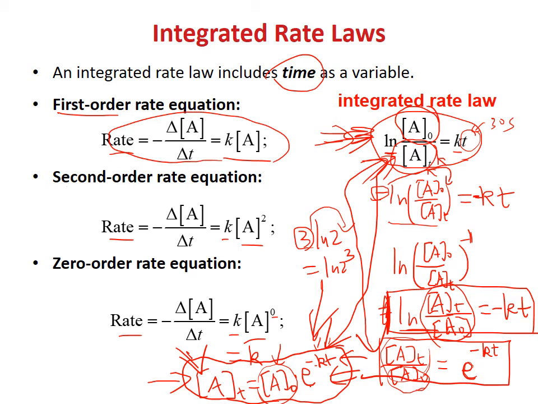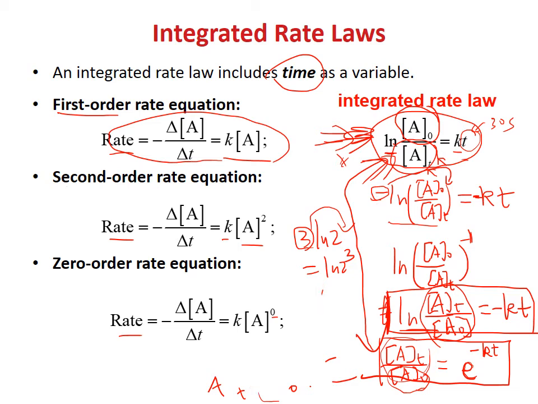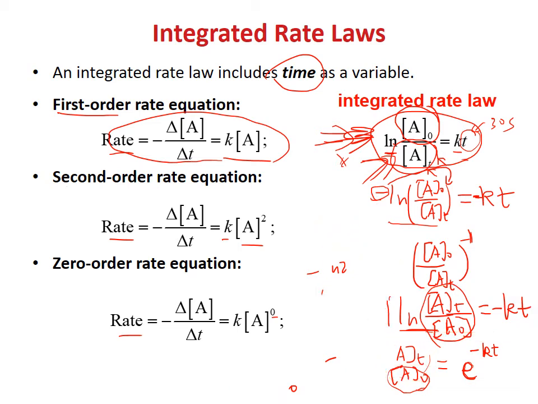Now if it's a second order reaction, how do you calculate concentration at a certain time, let's say 30 seconds? You cannot use this equation anymore because this is only for first order reaction. So let's see the integral rate law for the second order reaction.